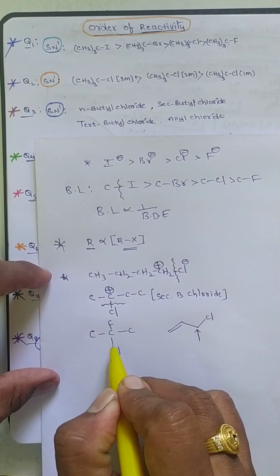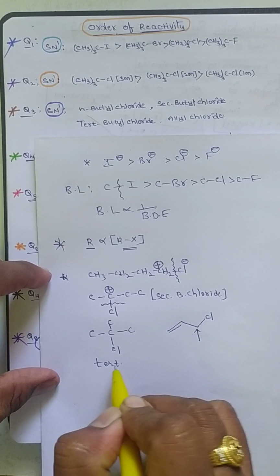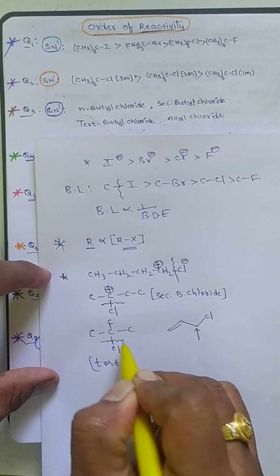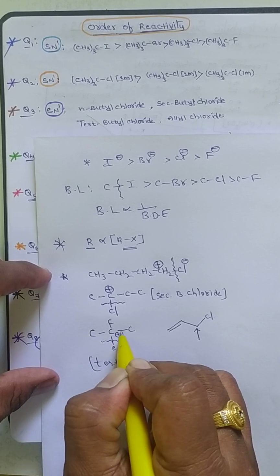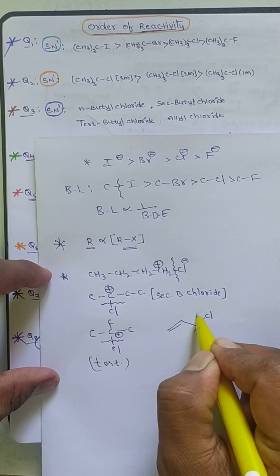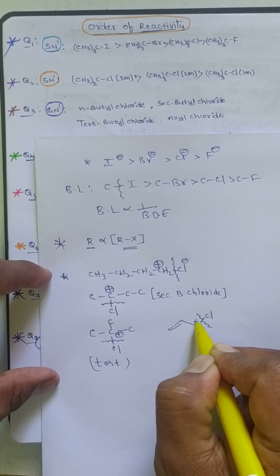Next, this is tertiary butyl chloride. When the carbon-halogen bond is broken, a 3-degree carbocation is formed. Next, the carbon-halogen bond is broken and an allyl carbocation is formed.